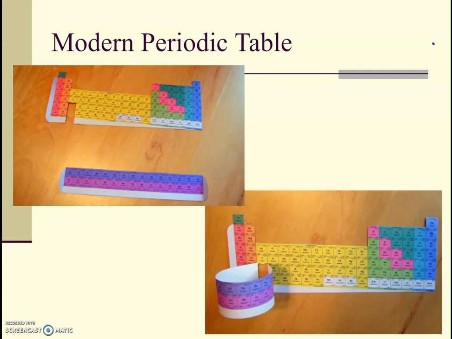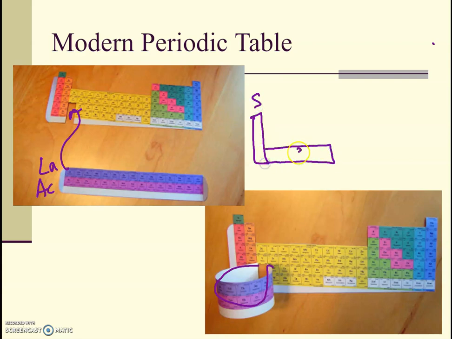Our modern periodic table has the lanthanide and the actinide series down at the bottom, and they go in here. That's why it's written kind of below. And if it weren't, they would have to have this huge bubble over here. So in my classroom, I have the S orbitals here. Then I have it cut out for the F orbitals to go there.